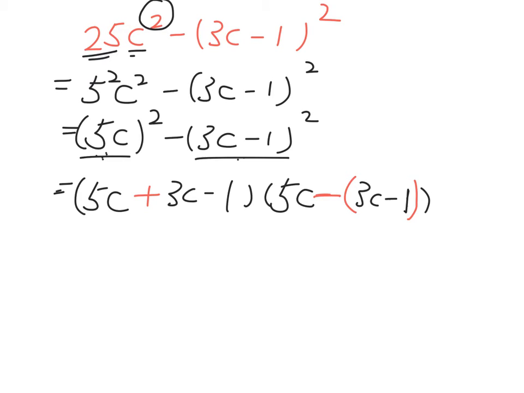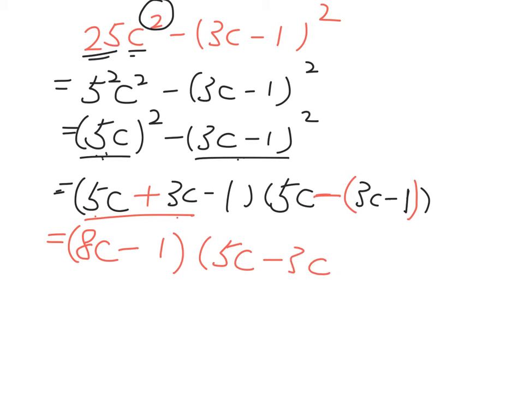Okay? Finally, you find that these two are like terms, so you can sum together 5c plus 3c, you know that becomes 8c, and this one minus 1, and then you need to break the bracket. 5c minus 3c minus 1, you find that plus 1.